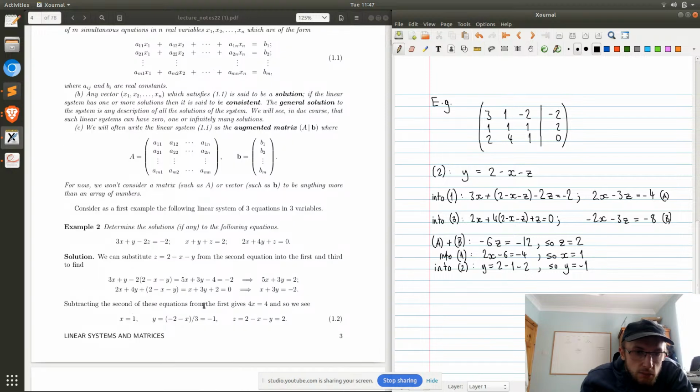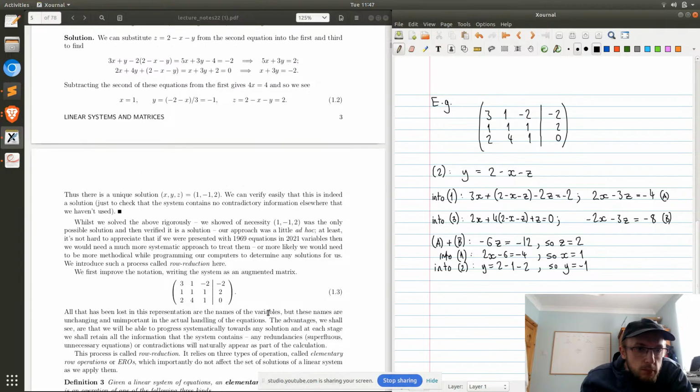And all right, that checks out. Great. Thus, there is a unique solution, 1, negative 1, 2. Yeah, the solution, here it is as a row vector.